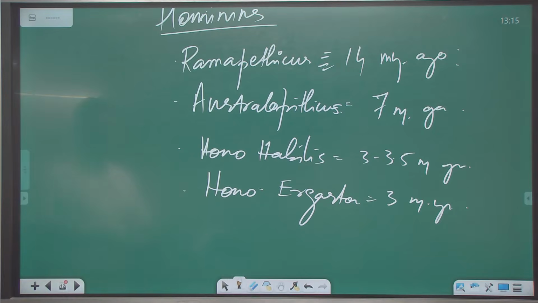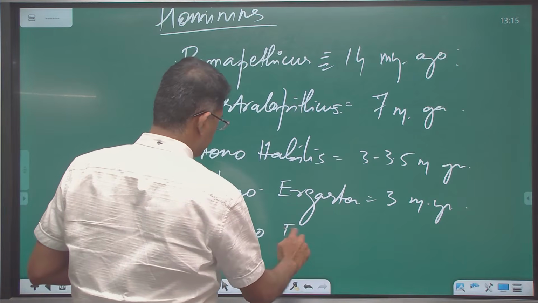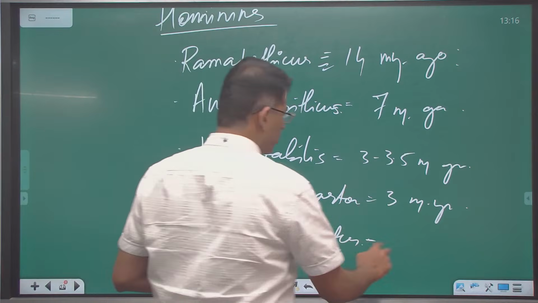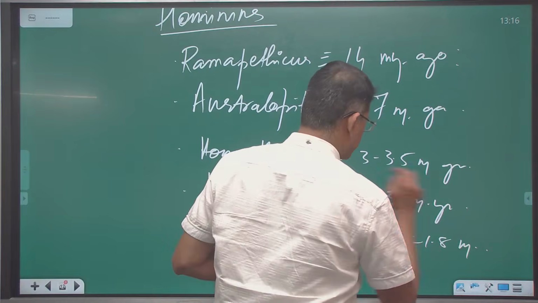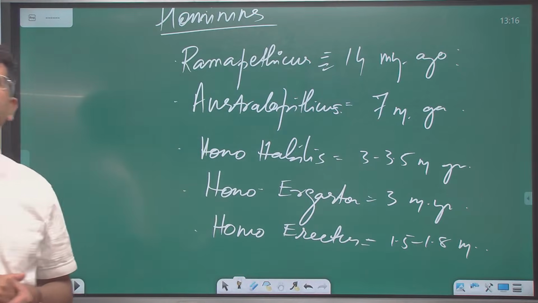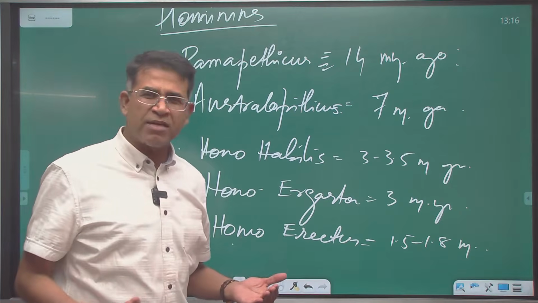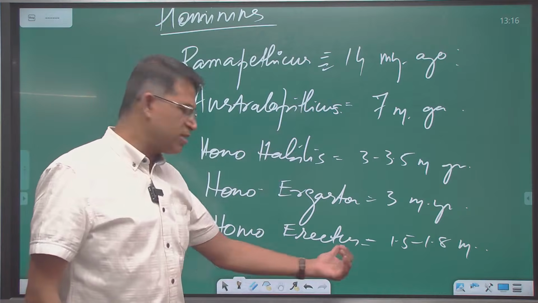We have Homo erectus, about 1.5, 1.8 million years ago. Ergaster, E-R-G-A-S-T-E-R. Homo erectus. This is where man becomes completely biped and walking on two legs. Erectus, standing erect.